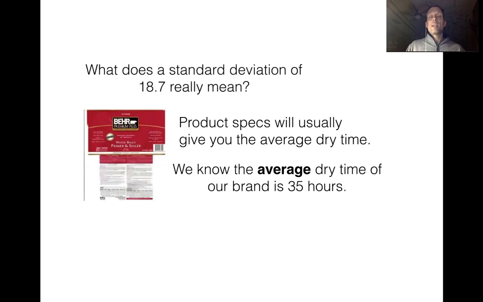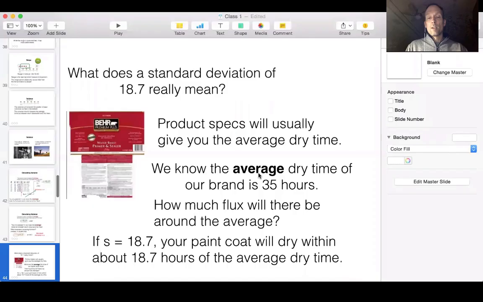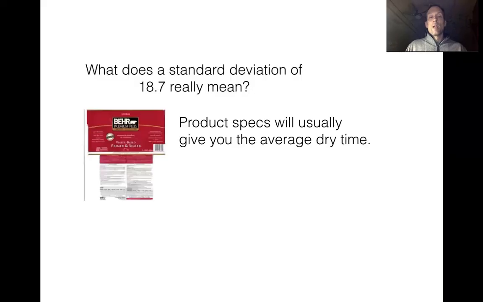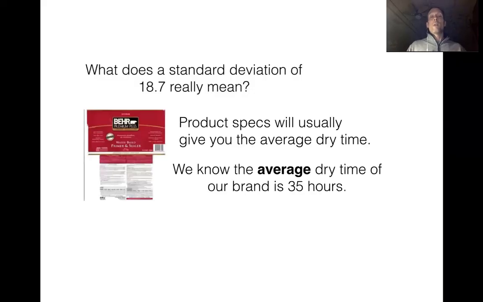So if we know that the average dry time was 35 hours and we go to paint a room with this paint, do we expect that room to dry in exactly 35 hours on the nose? And we'd say, well, no, it's kind of crazy. It's not like we're standing there with a stopwatch and at 34 hours and 59 seconds, nothing.